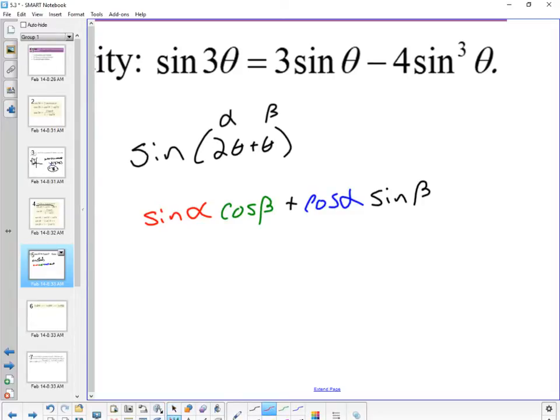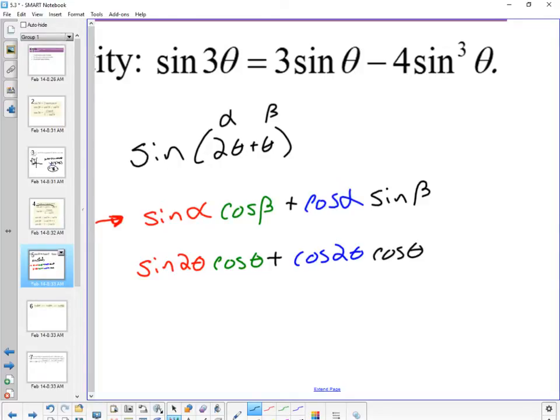So let's do this. I've got sine 2 theta. That's the formula right here, the one that allows me to do sine of alpha plus beta. So I've got sine 2 theta, then cosine of theta, plus cosine 2 theta, and then finally the sine of theta.